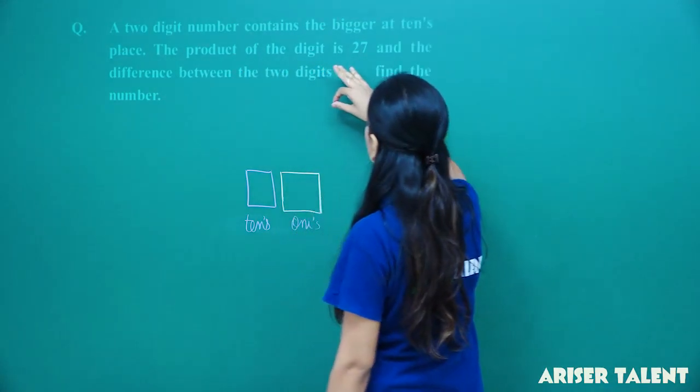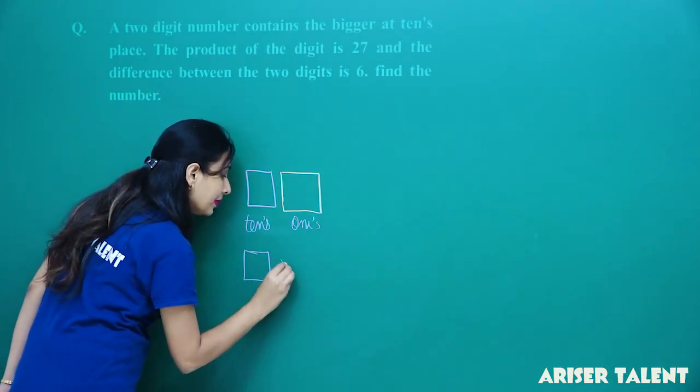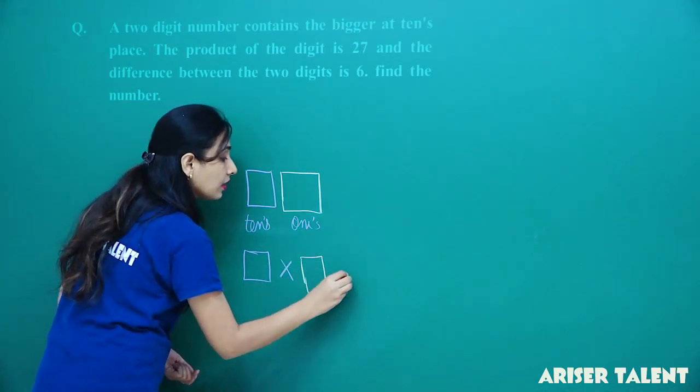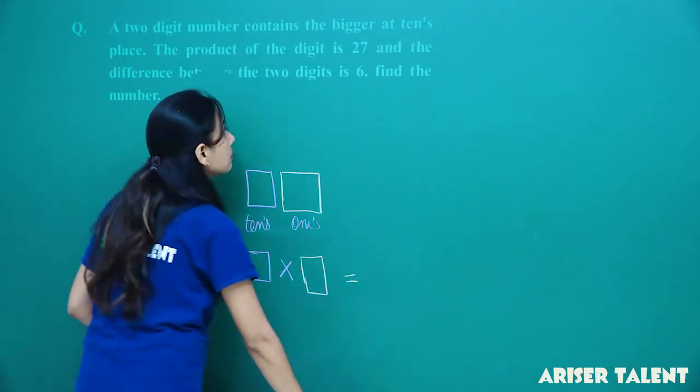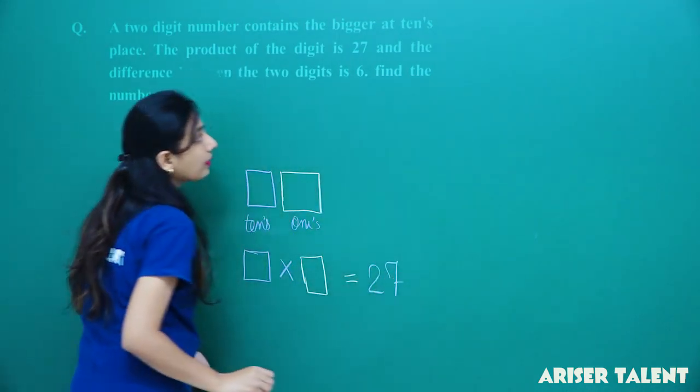The product of these two digits, that means this multiplied by this, equals 27.